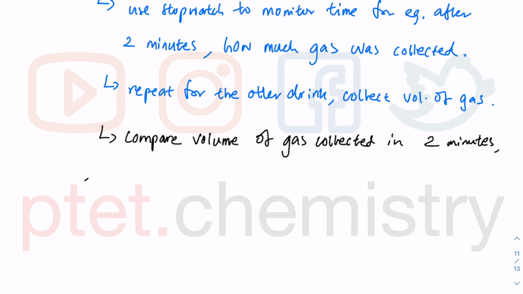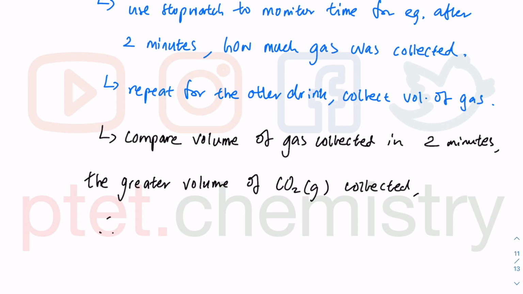The greater volume of CO2 gas collected, therefore the more concentrated the acid, because we have reacted it with sodium hydrogen carbonate. So the more concentrated the phosphoric acid is in the drink.